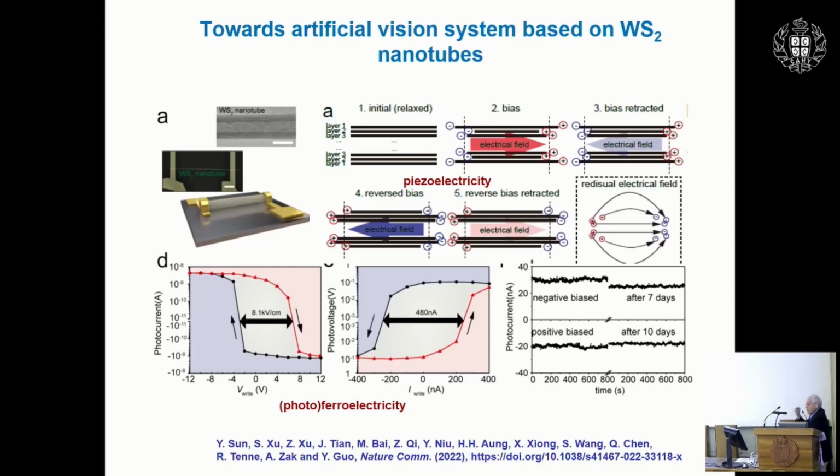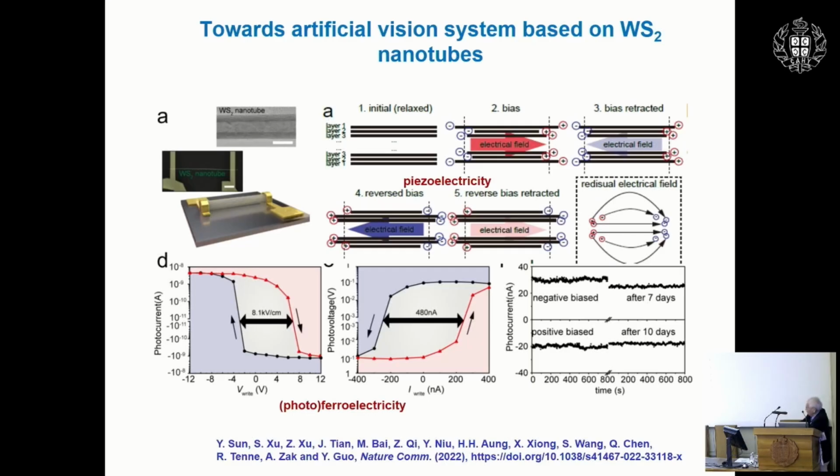So you first apply the high voltage, and then you start the photovoltaic measurements. And you can see it's a piezoelectric effect, also owing to the loss of inversion symmetry in the nanotubes, and you get a hysteretic IV curve, which can be thought of as a memory effect, which can be reversed by applying a reverse high voltage.